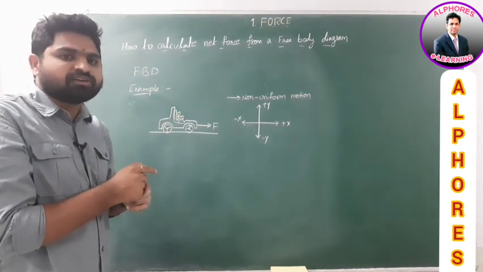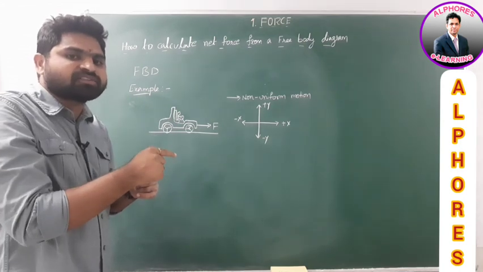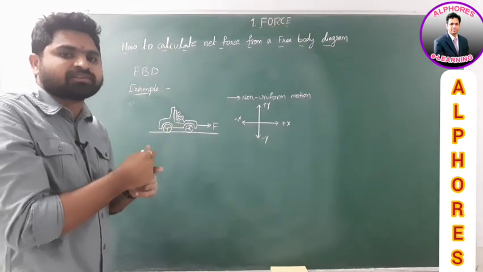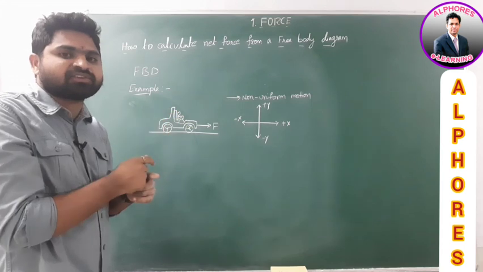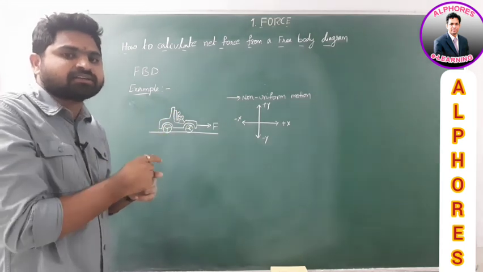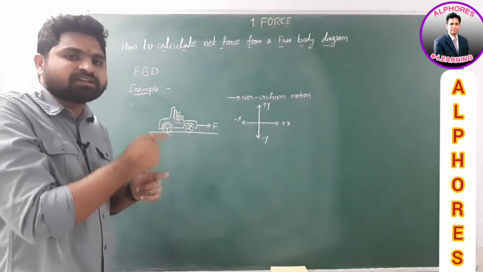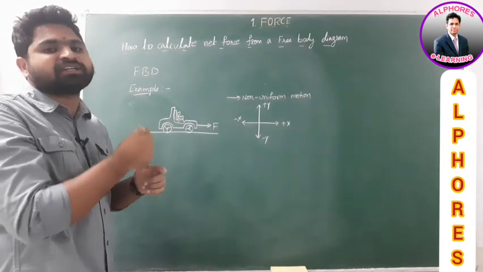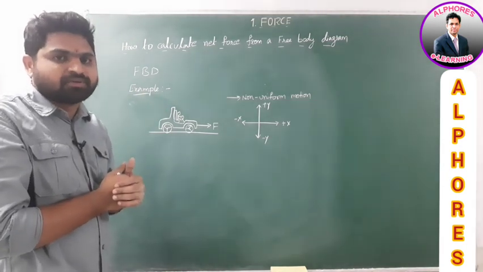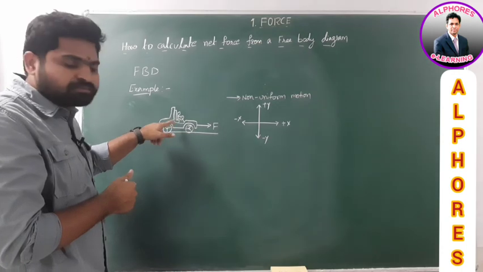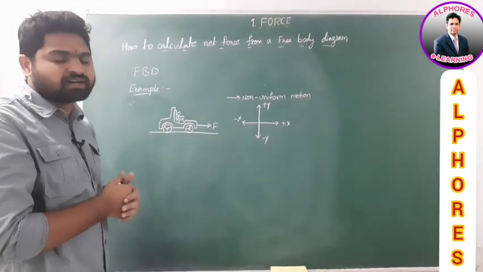In the same way, if you add all the forces in vertical direction, following the sign conventions, you will get the net force along vertical direction. Okay, first let me show the forces acting on this car.